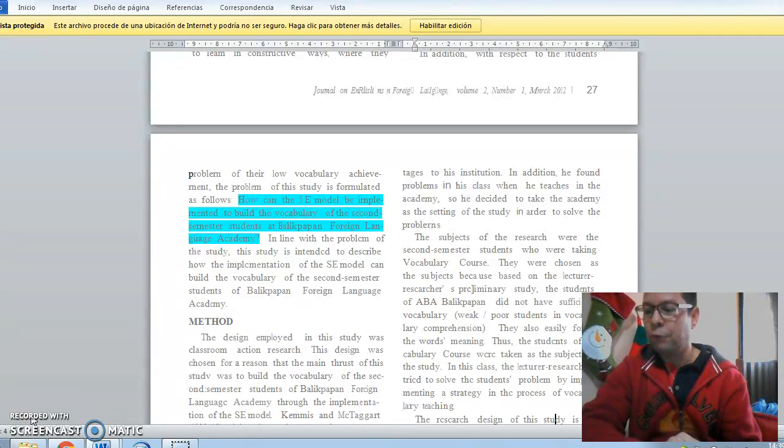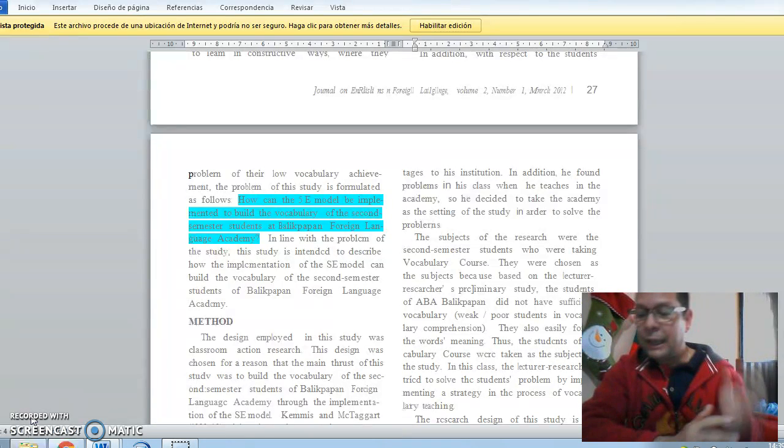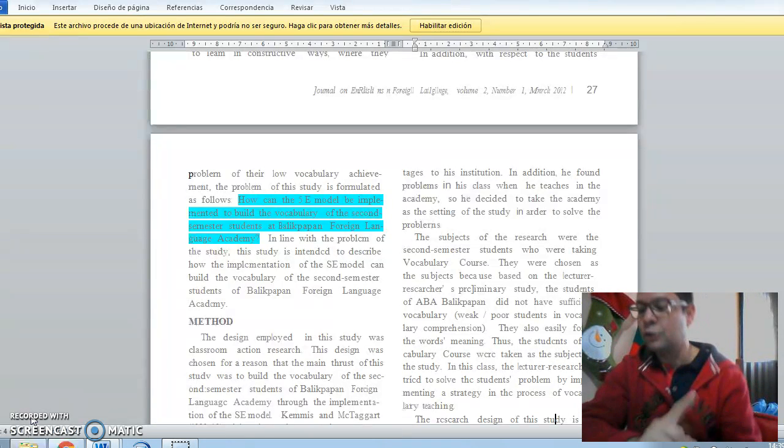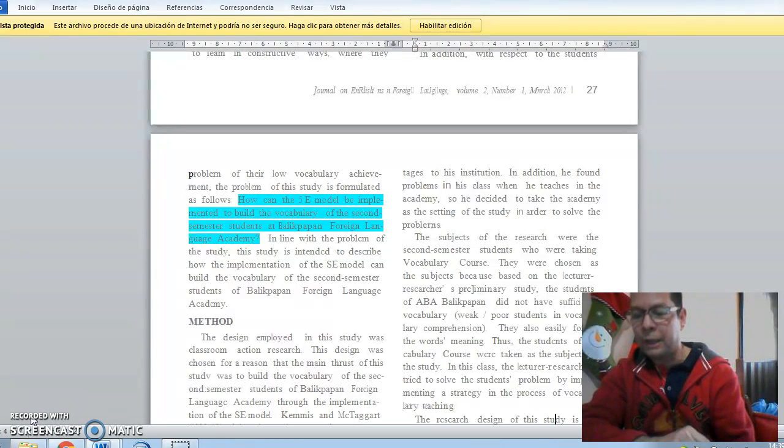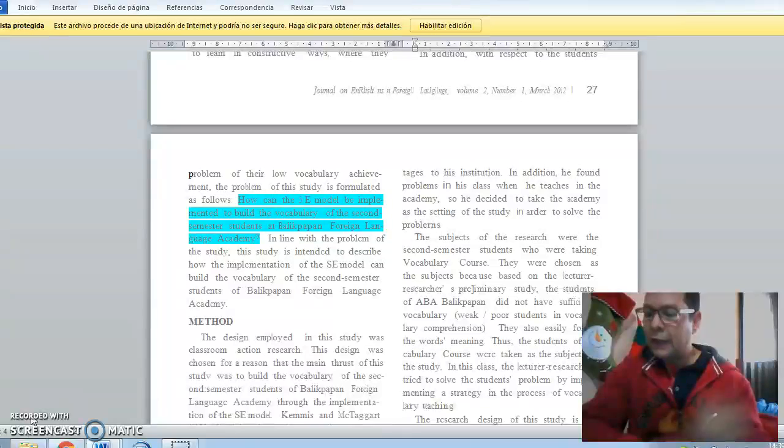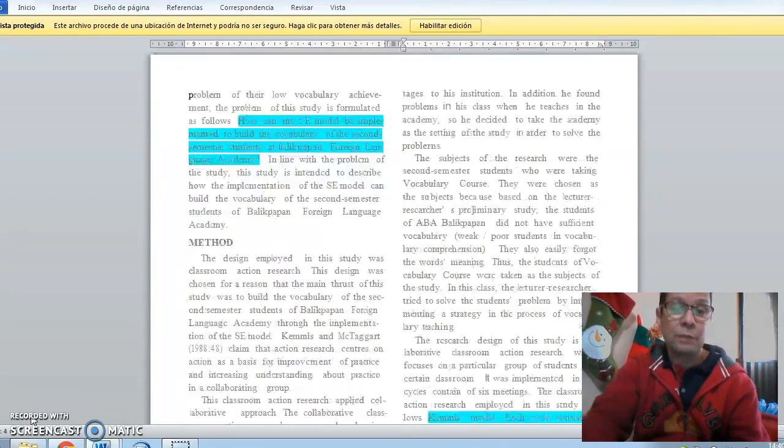The investigating professor collaborated with one of the English teachers of the Foreign Language Academy of Balikpapan and helped prepare activities such as the design of an action plan, observation and follow-up of the action process, as well as the technique in which he acted as a teacher and the collaborator acted as an observer.